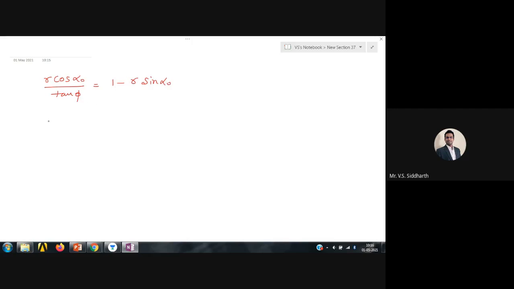Okay. R cos alpha naught equals 1 minus R sin alpha naught multiplied by tan phi, or I can say tan phi equals R cos alpha naught divided by 1 minus R sin alpha naught.